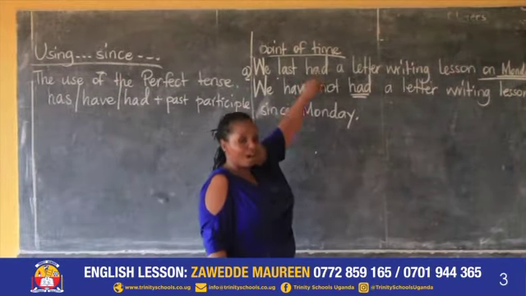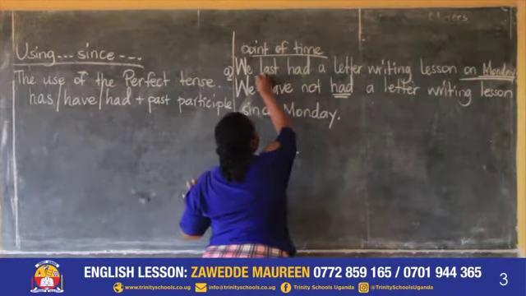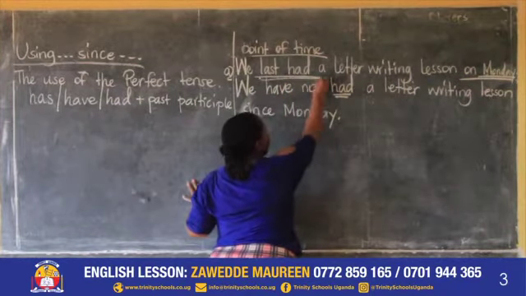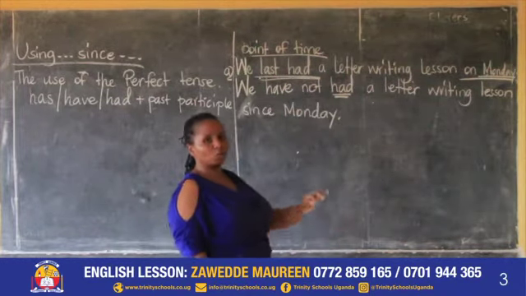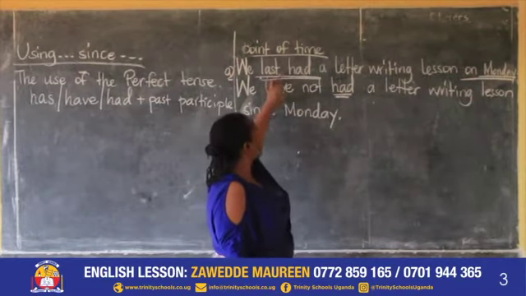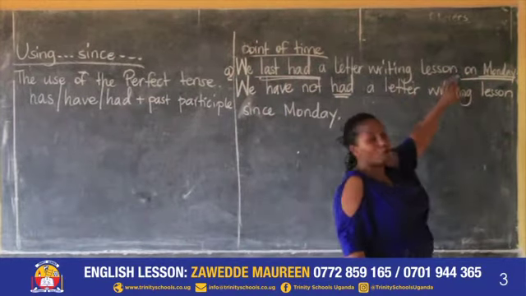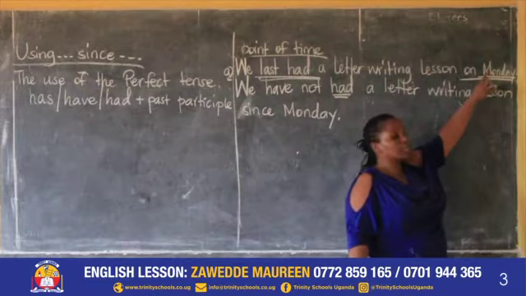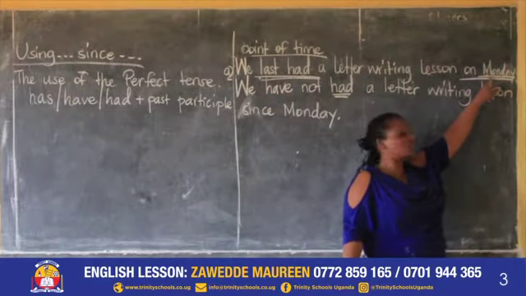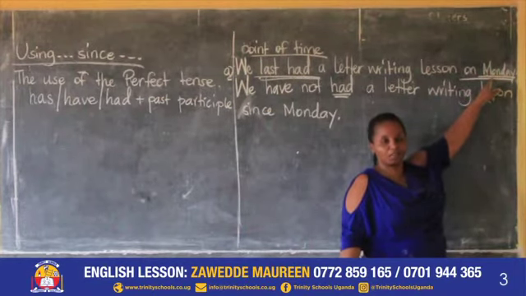We last had. I have explained what this one means. We last had, and today is Friday, today is Thursday. That means no lesson of letter writing has taken place since what? Since Monday.